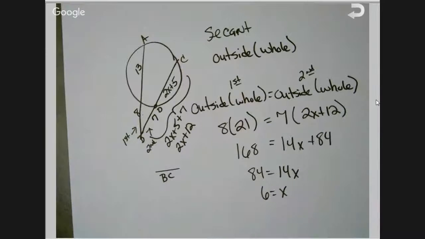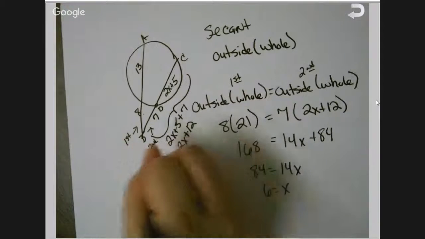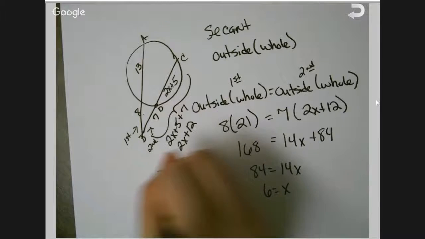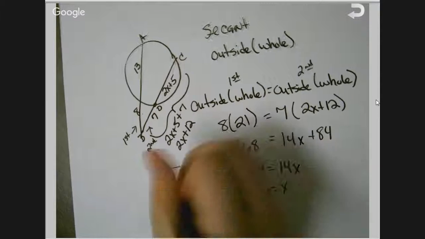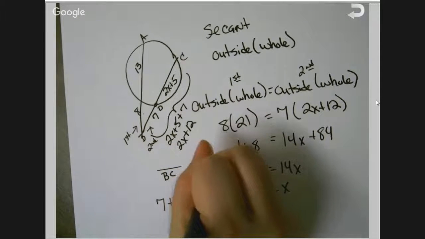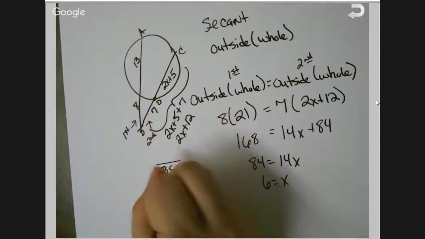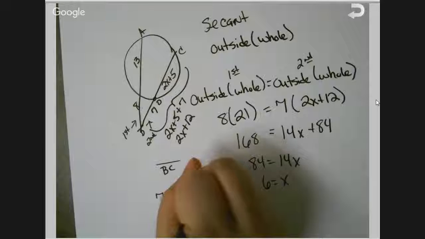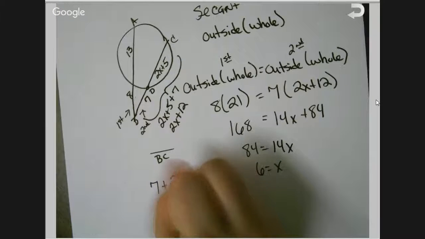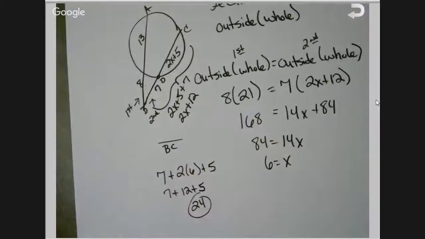The one that I picked, because I got it off the paper, says what's the segment length of BC. So you would have to take the 7 plus 2 times 6 plus 5, so 7 plus 12 plus 5, and you get 24.